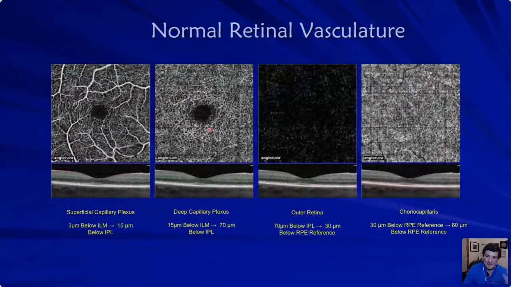So that's what I call the traditional B scan. And now what we're getting with these new OCTs is being able to do angiography, looking in the inner retina up here at the superficial capillary plexus. A little bit deeper below that is the deep plexus, moving out into the outer retina where those photoreceptors are, where I just beat you guys to death with myoid and ellipsoid and all those different zones.